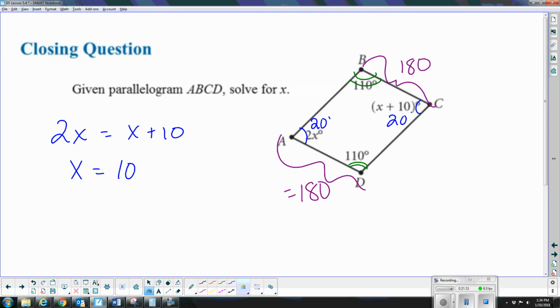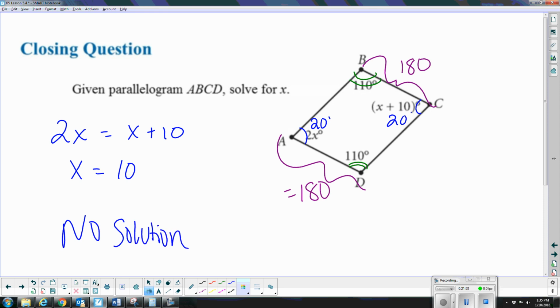And then thirdly, you know that they have to all add up to 360 degrees. And right now, they only add up to 260 degrees, which is not what a quadrilateral adds up to. So in this example, there is no solution.